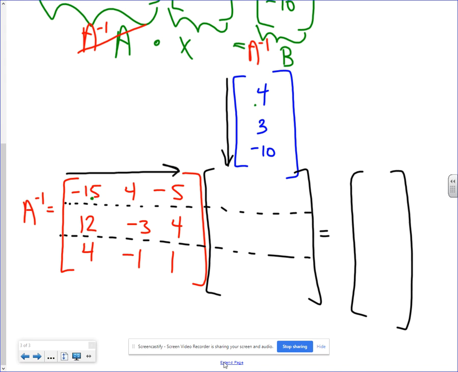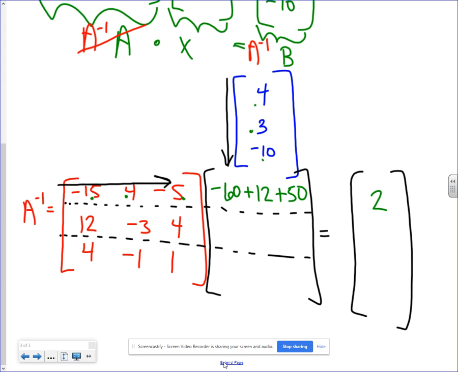Negative 15 times 4 is negative 60, plus second element in the row times the second element in the column, 4 times 3 is 12, plus negative 5 times negative 10, 50. Let's add these together. So we got 2. So x is 2.